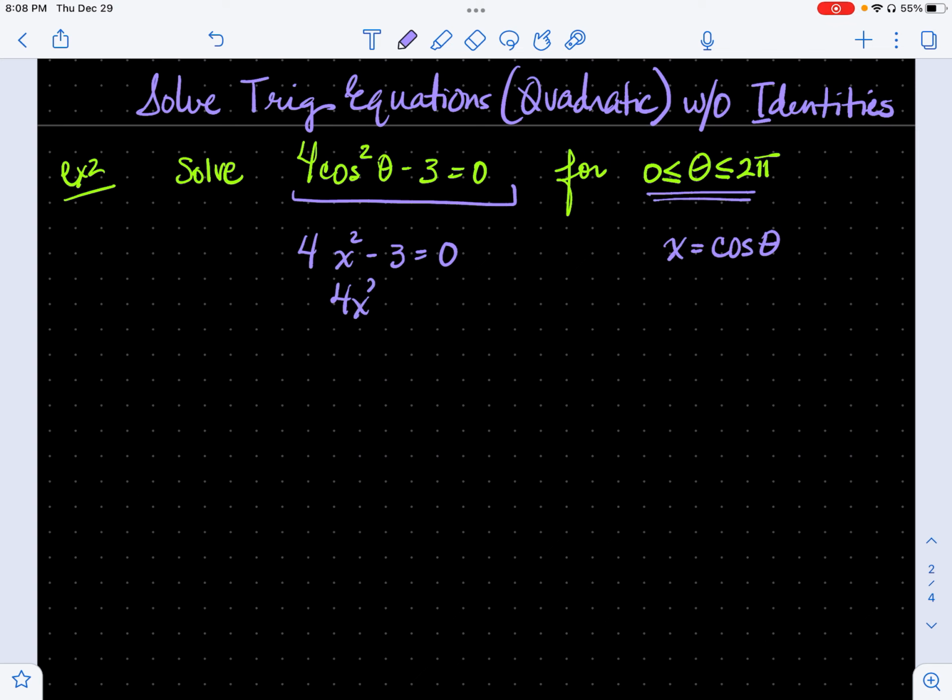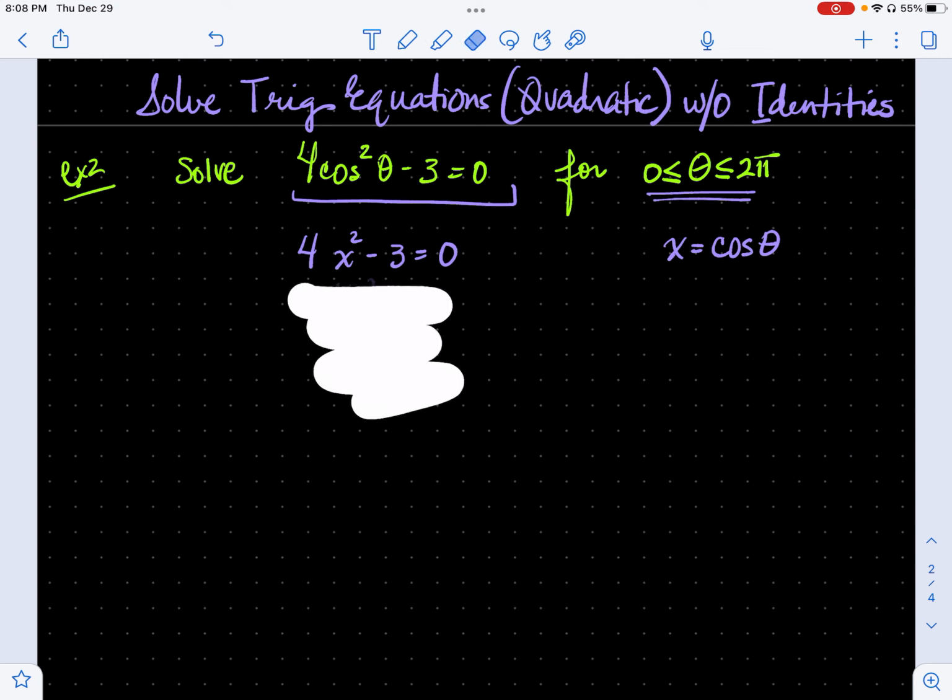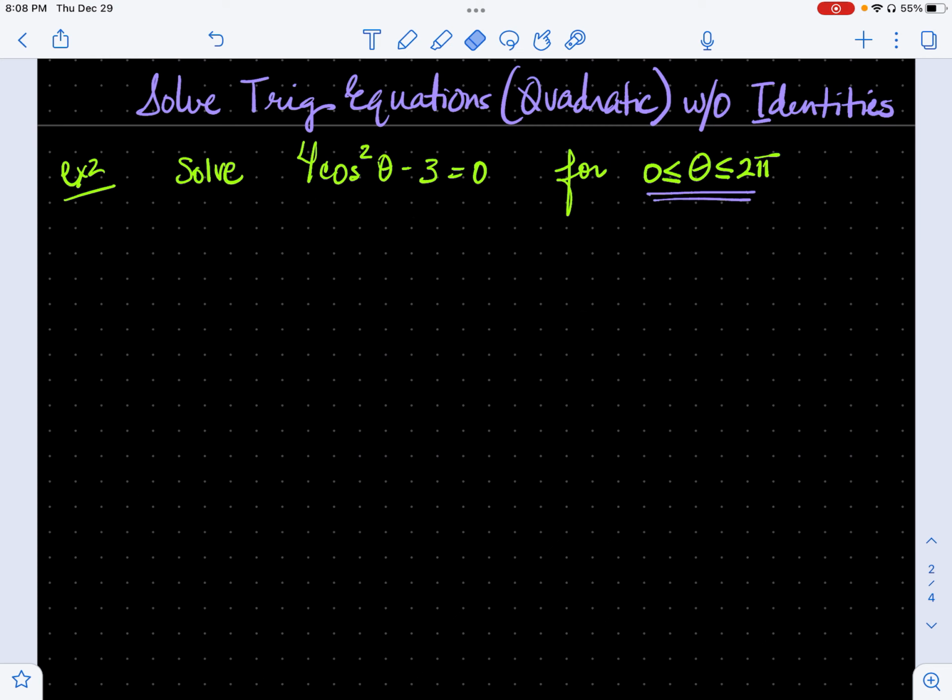Add 3 to both sides, divide by 4, and then square root both sides. That's using algebra. If you're able to handle it by itself, it's the same steps: add 3 to both sides, divide by 4, and then square root both sides so that we have just cosine theta here.